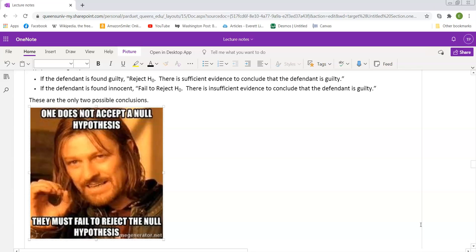This is something I think I've seen in your book, where they actually do that, and it's the only textbook I have ever seen where they use that language. But even if you see it in your textbook, still do not ever accept a null hypothesis. Instead of accepting a null hypothesis, we fail to reject it.